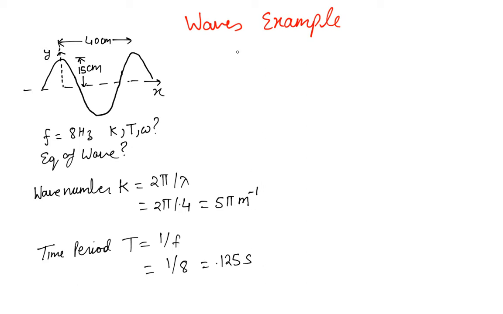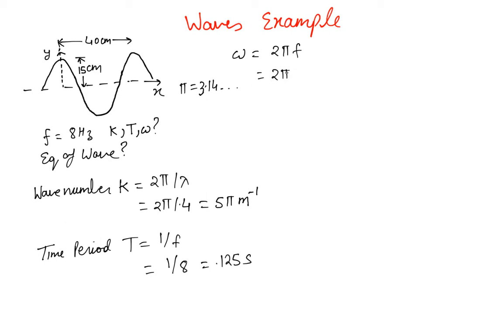How about omega? Well, omega is defined as 2 pi f. We know that pi is given as 3.14 and so on, but we usually use 3.14. You can leave your answer in terms of pi when you solve a problem.